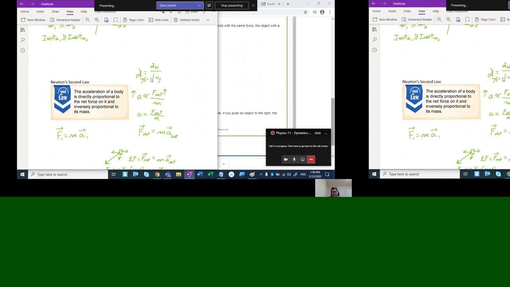You have no choice, because it's 2 over 1, which is 2. Increase this, you will increase that. That's what directly proportional means: same, more. Proportional means 2, 2.